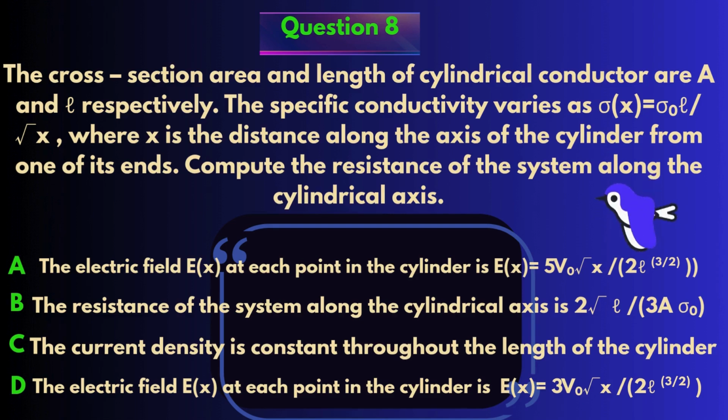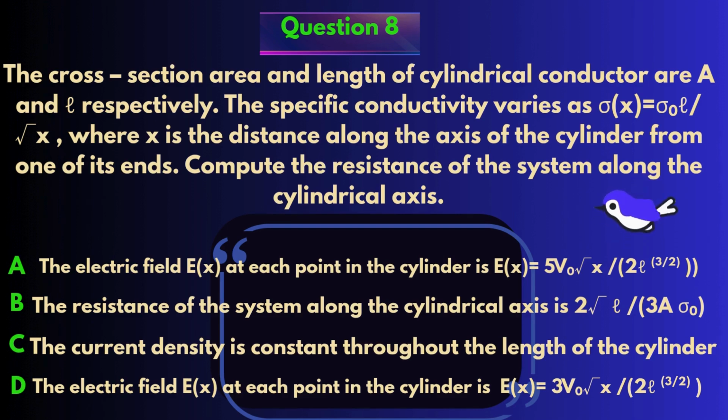Choice A, the electric field E(x) at each point in the cylinder is E(x) equals 5 V0 root x divided by 2 L^(3/2). Choice B, the resistance of the system along the cylindrical axis is 2 root L divided by 3Aσ0.